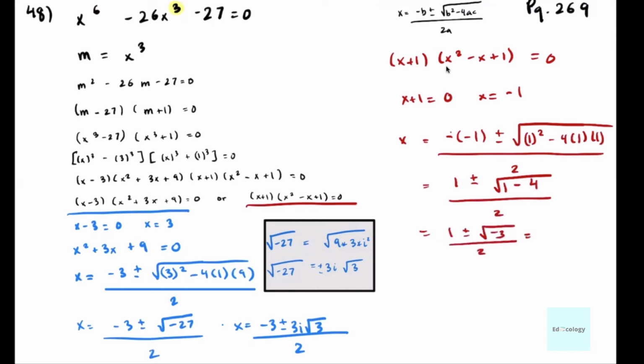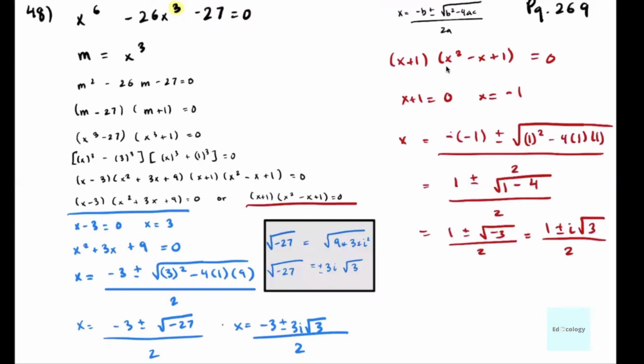And then when you use the imaginary number, it will be radical 3 times i squared. You take the i outside and write it like that. So it will be 1 plus or minus i radical 3 over 2.